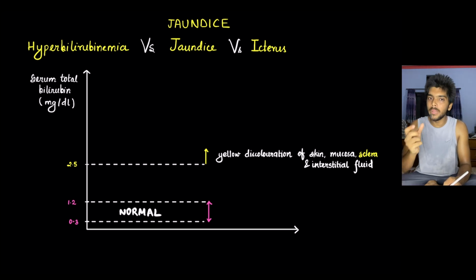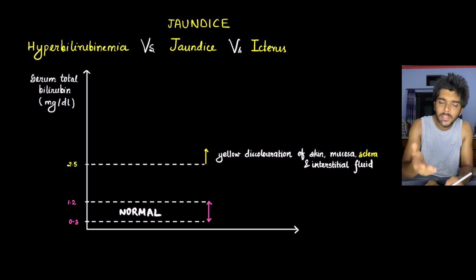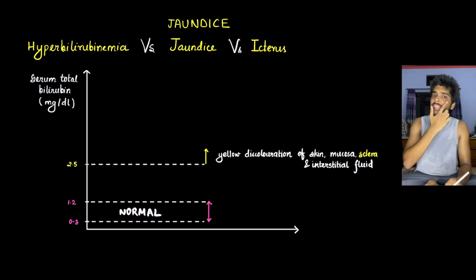Bilirubin itself is yellow in color, so if it deposits in skin, sclera, mucosa, and interstitial fluid, it is going to turn those parts yellow as well, leading to yellow discoloration. And this yellow discoloration is finally referred to as jaundice.